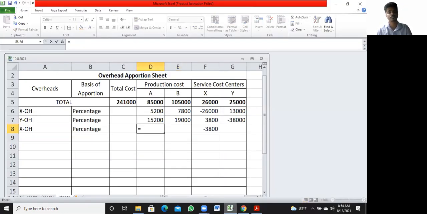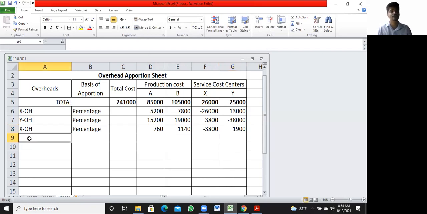So 3,800 into 20%, 3,800 into 30%, 3,800 into 50%. Okay, things should be like that.